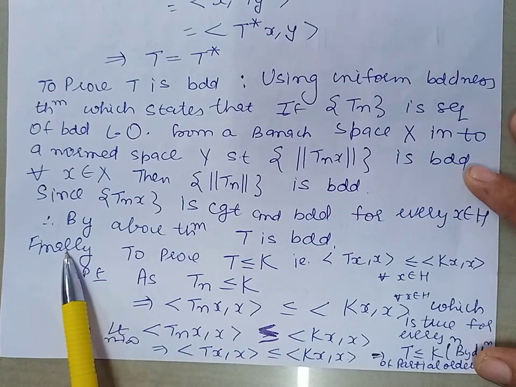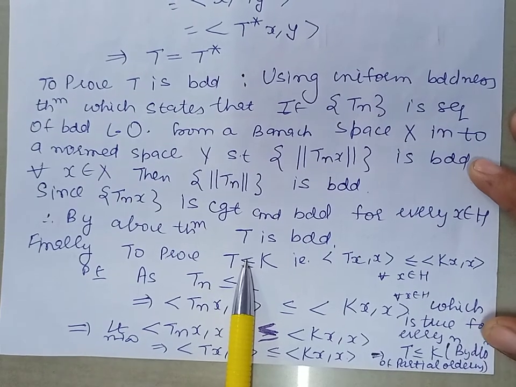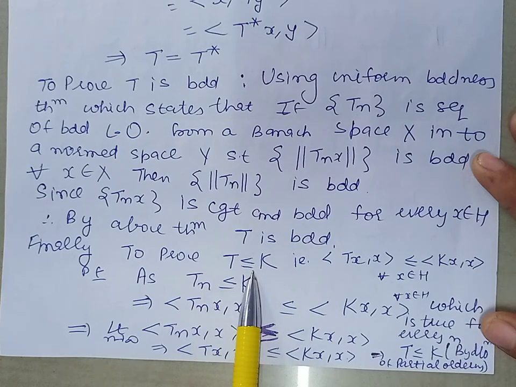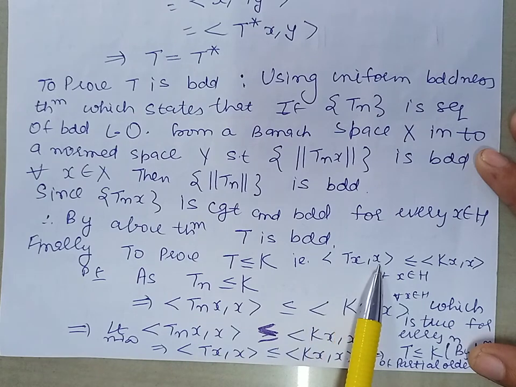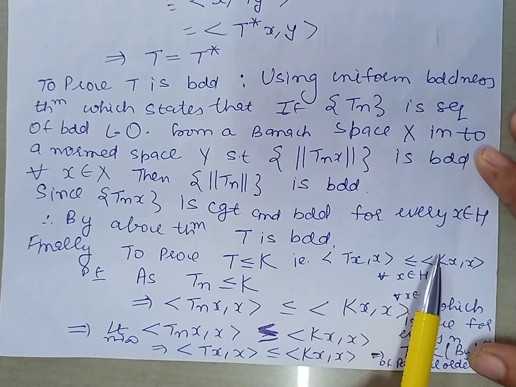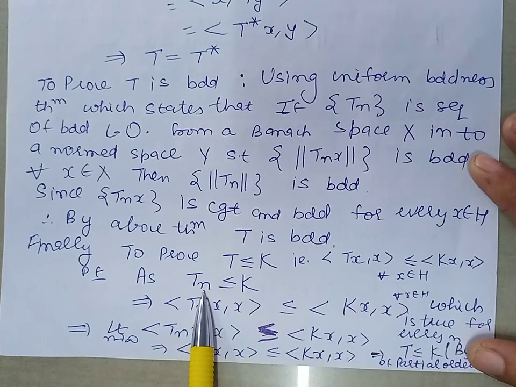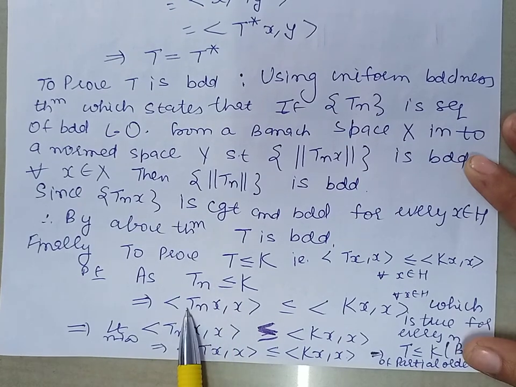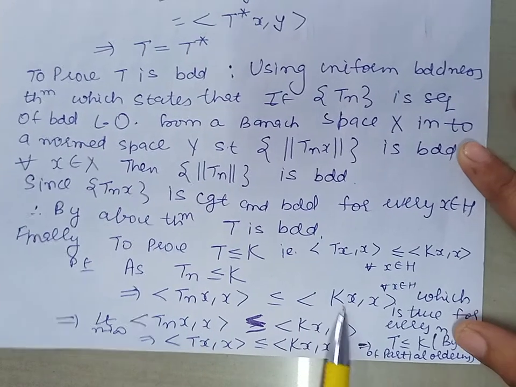Now in the last step we are to prove that T is less than or equal to K, and this is the partial ordering relation which we defined yesterday. Now according to that definition of partial ordering, T less than or equal to K means inner product of Tx with x is less than or equal to inner product of Kx with x for every x belonging to H. Now because Tn is less than or equal to K, by definition of partial ordering we can say that inner product of Tnx with x is less than or equal to inner product of Kx with x.